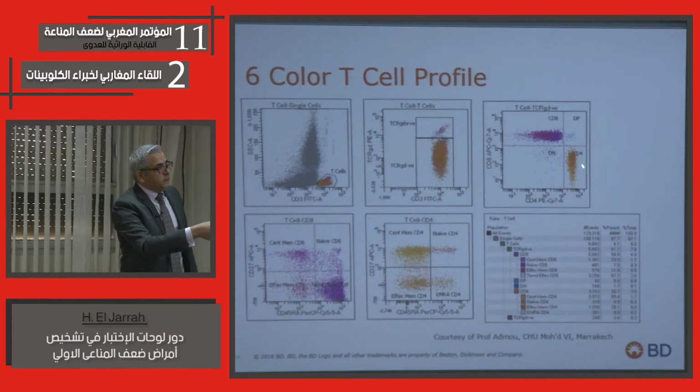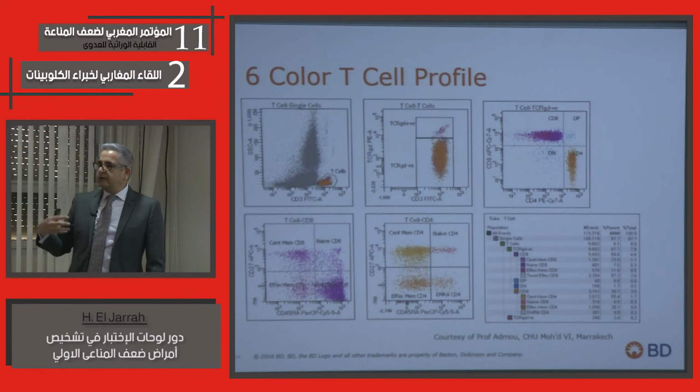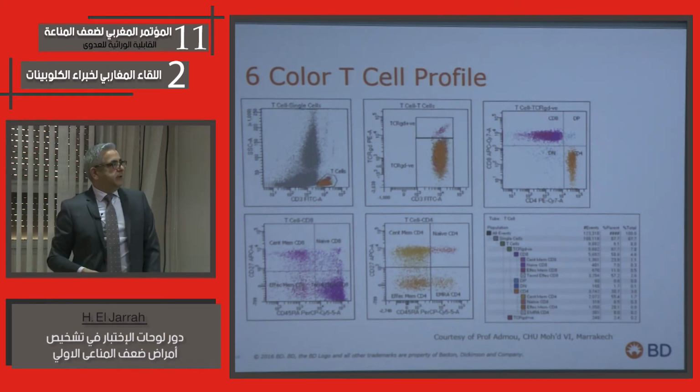TCR gamma deltas could very well contaminate the double negative because many of them would be double negative. So when you create this dot plot, you just take out the gamma delta and only focus on the gamma delta negative ones, to show the true double negative cells.